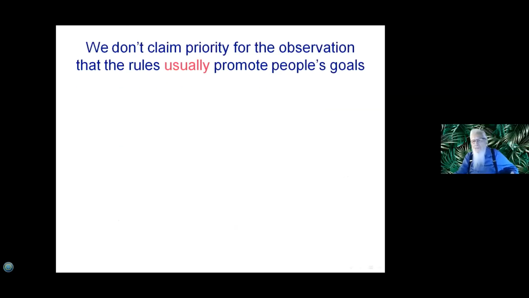Now, we don't claim priority for the observation that the rules usually promote people's goals. The rules of behavioral economics, the heuristics and biases. We're not the first people to say that these rules are usually good. Okay.